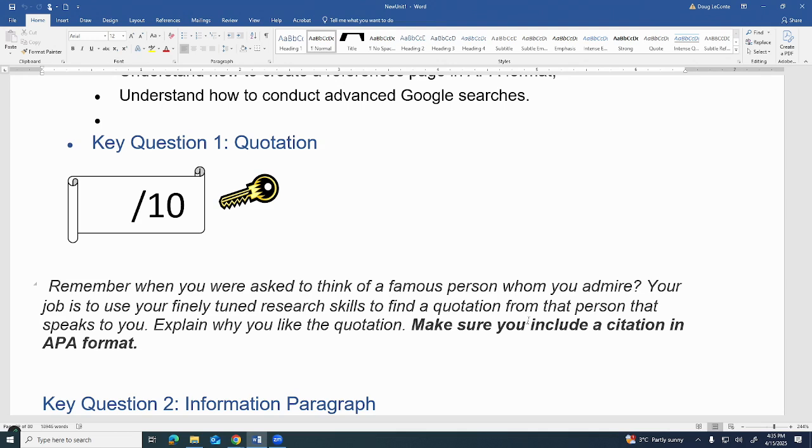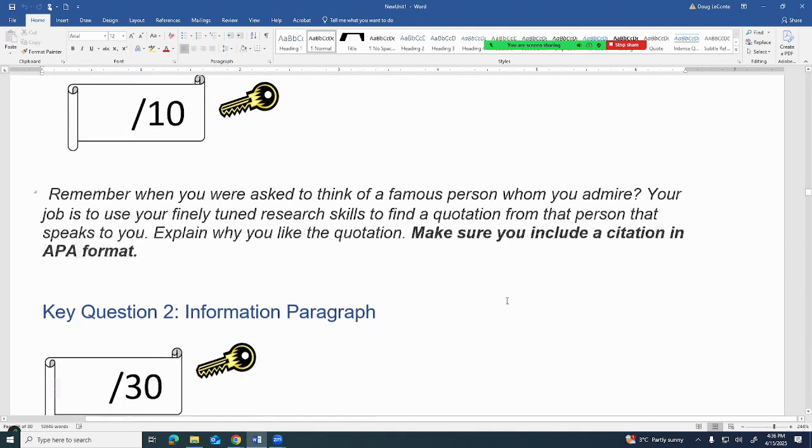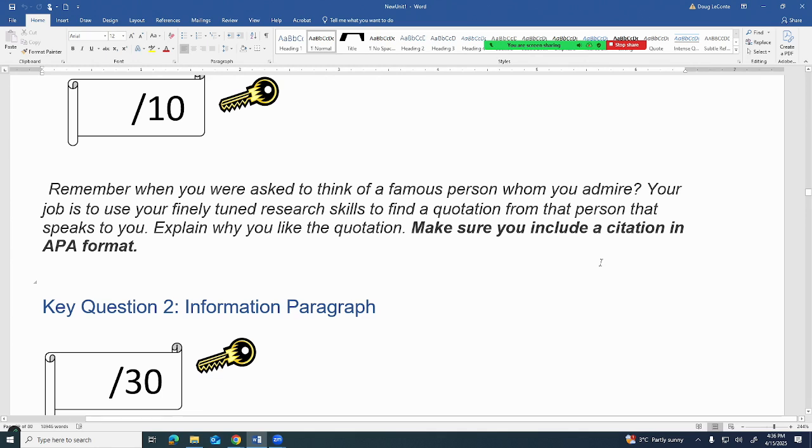Your job is to use your finely tuned research skills to find a quotation from that person that speaks to you. Explain why you like the quotation. Make sure you include a citation with APA format. All right, so for this particular quotation, you don't have to do a references page, but you do have to do a quote with an in-text citation.